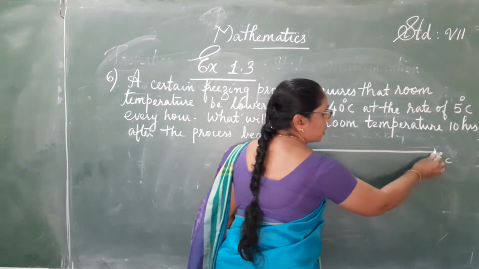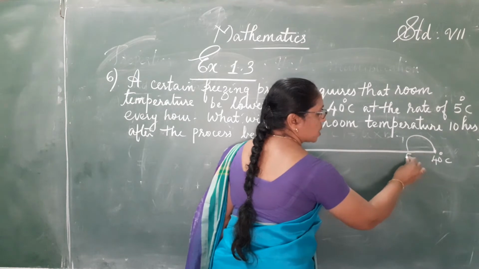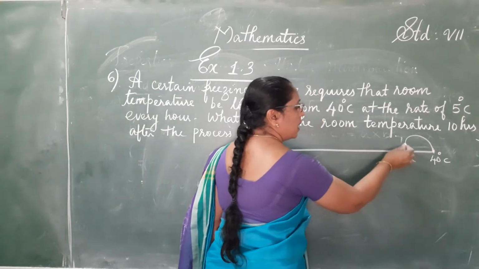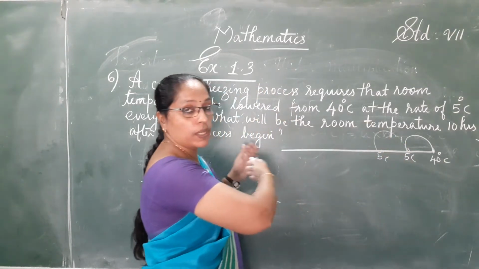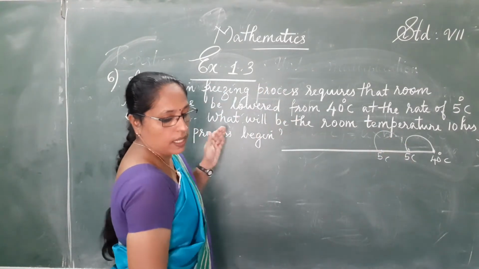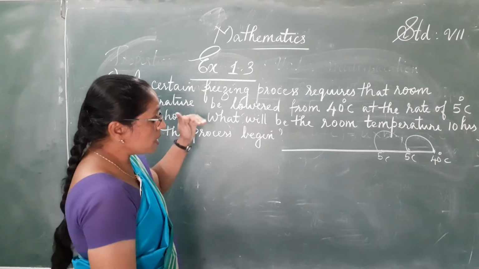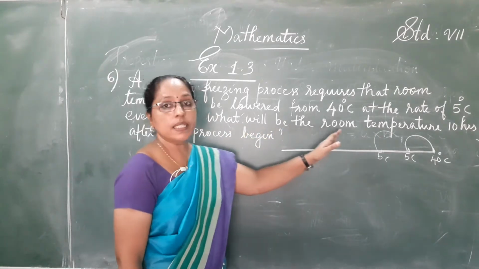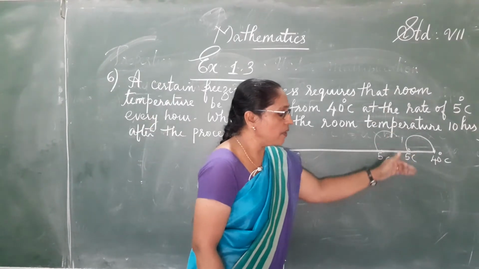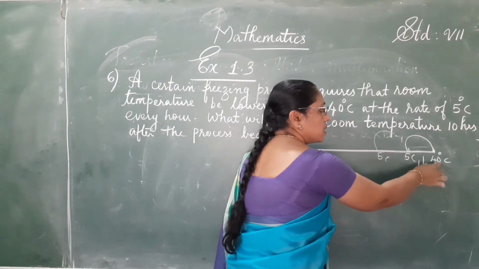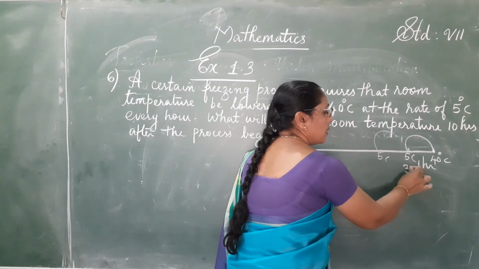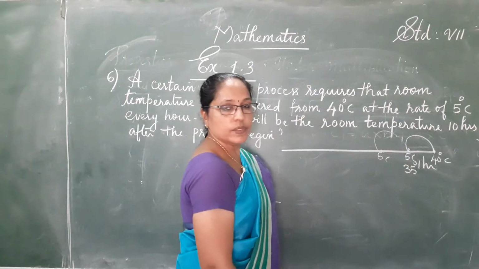So, from 40, first 5 degrees Celsius is reduced. Then again the next 5 degrees Celsius. It's going down. Okay. So, after 10 hours, what will be the temperature? Like that, in the first hour, 5 degrees Celsius reduced means it will come to 35 degrees Celsius.